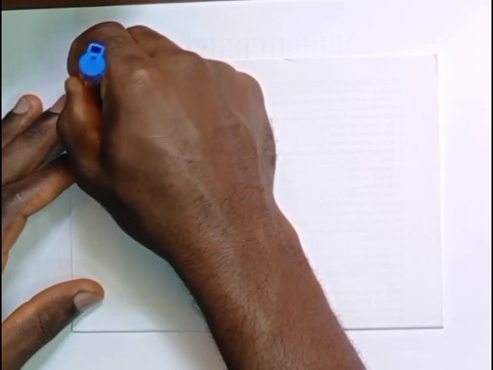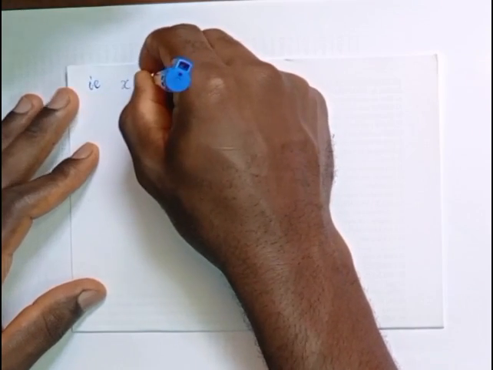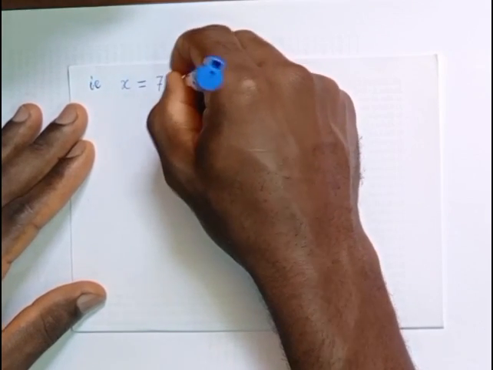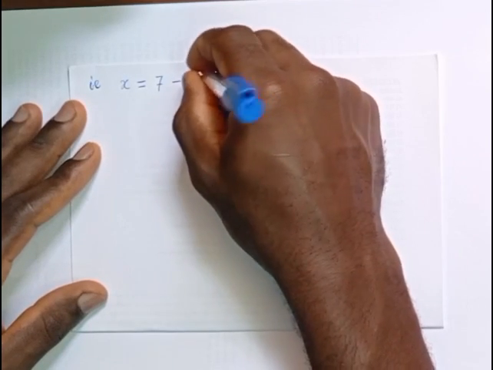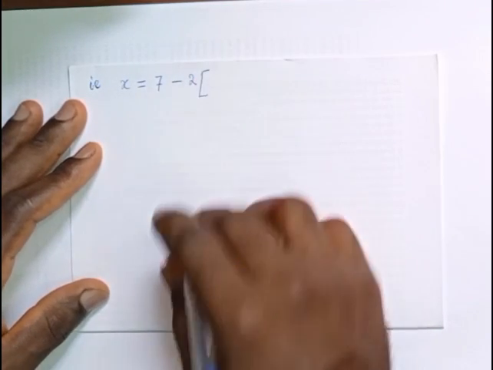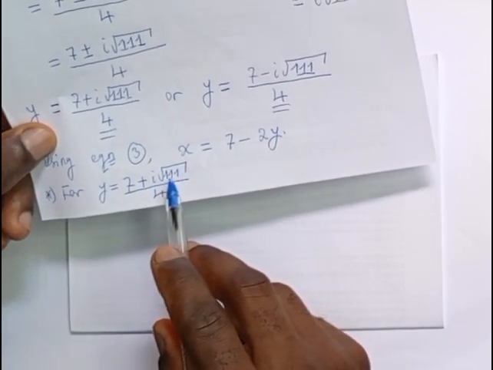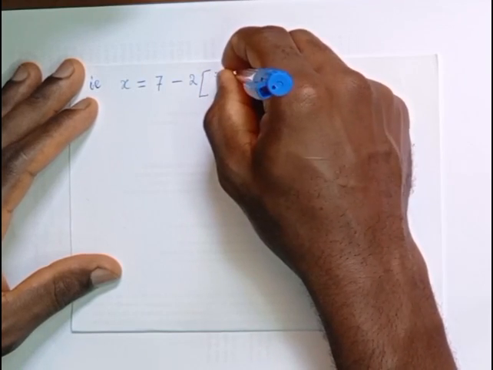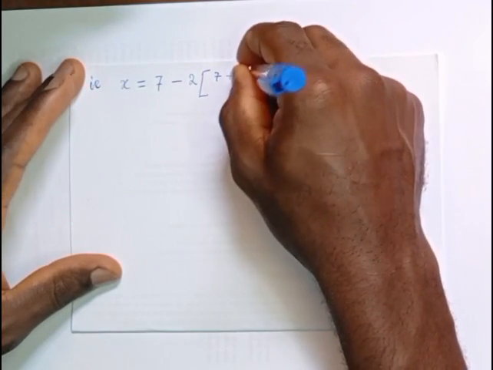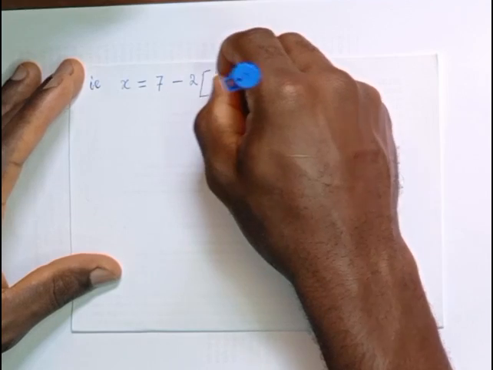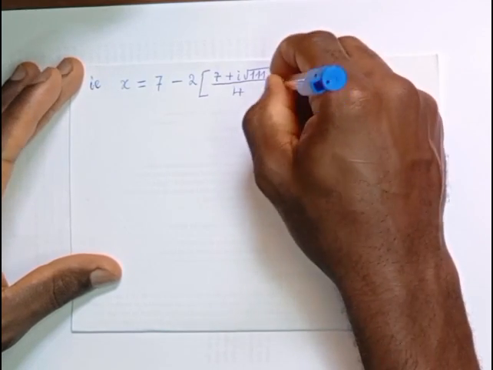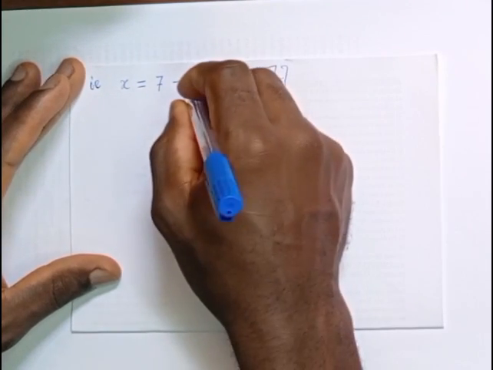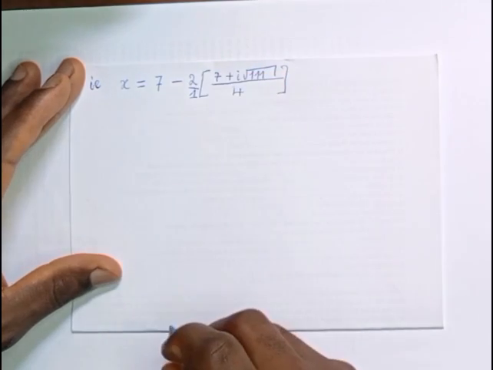That is, x will simply be equal to 7 minus 2 times, replace y with its value, which is 7 plus i root 111 over 4. Remember, 2 here can be written as 2 over 1.